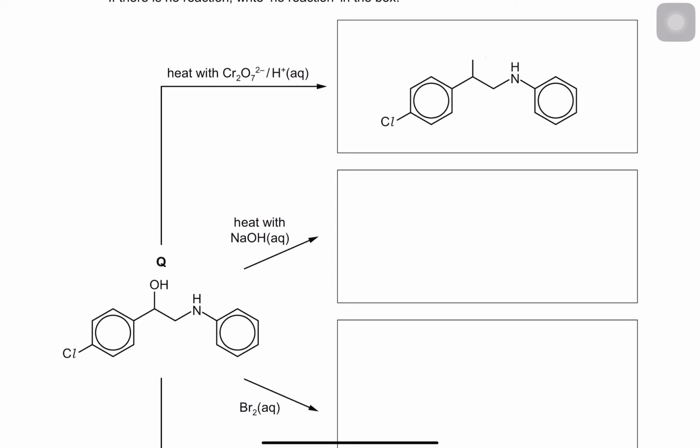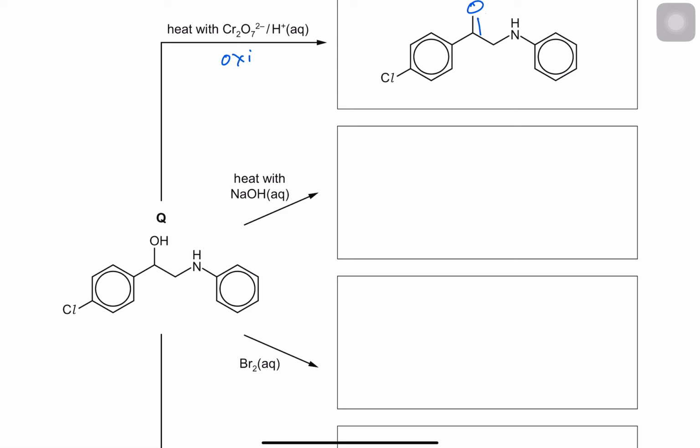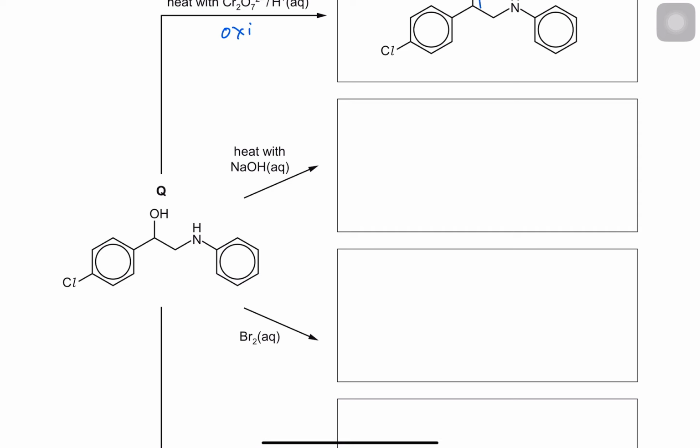Let me use some other pen so you know what's changing. That's oxidation. If I heat it with sodium hydroxide, sodium hydroxide is going to act as an alkali, but it is an alcohol, so there's no reaction going on, no acidic group.